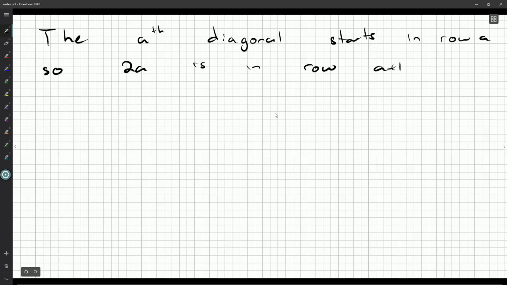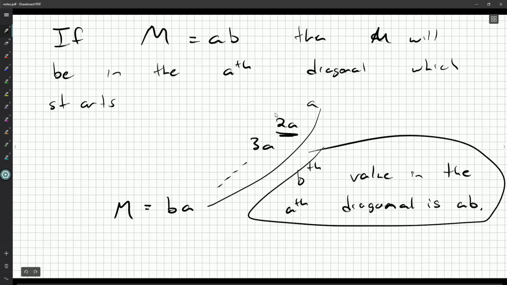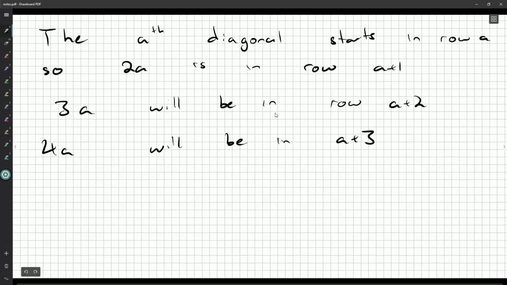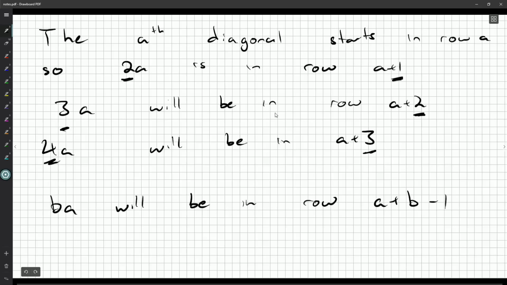It's the next entry in my diagonal, so it's 1 row down. 3A will be in row A plus 2. And so 4A will be the next row down, so it'll be in row A plus 3. And so you might see, oh, I can see how the 2, 3, and 4 are turning into 1, 2, and 3. So BA will be in row A plus B, and then we subtract 1.